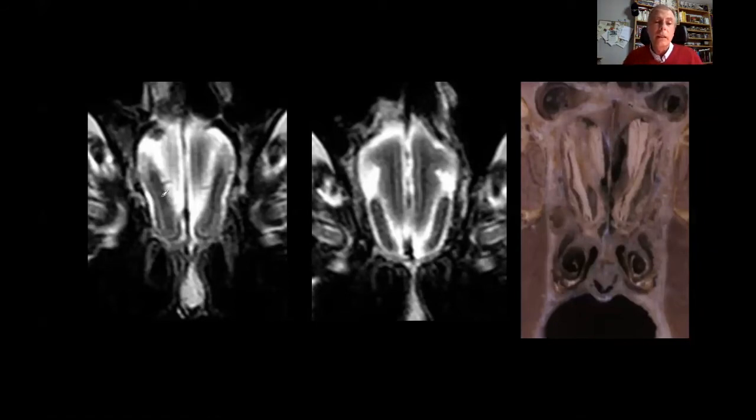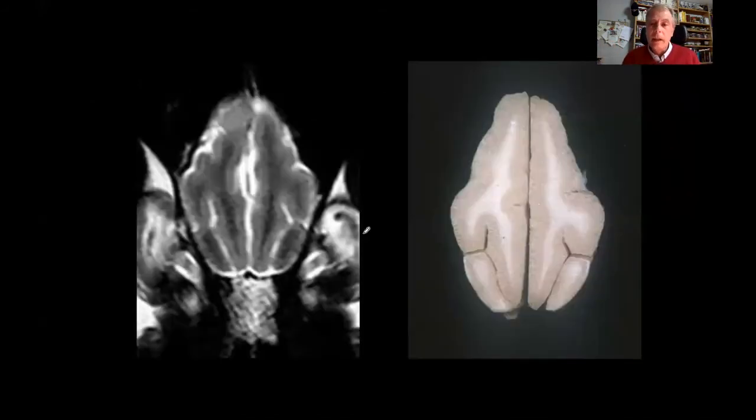The first one, we see the olfactory bulbs here, and in a fixed brain the olfactory bulb is here, right, where the olfactory nerves enter the central nervous system. In the next one, we have the olfactory peduncle, and we see the olfactory peduncle on an MRI, and the lateral rhinal sulcus. Okay, we see both cerebral hemispheres.